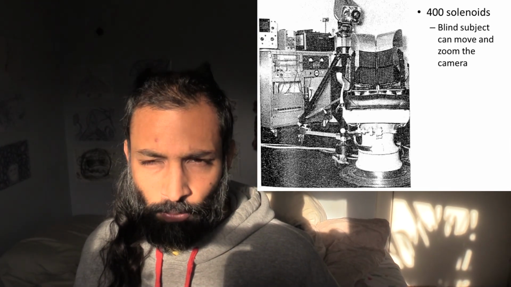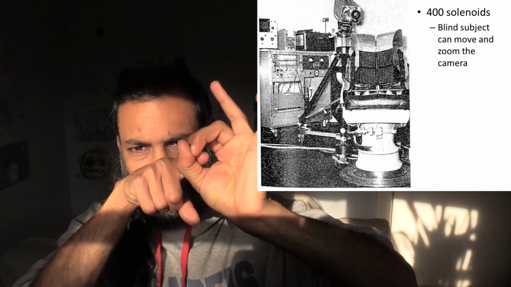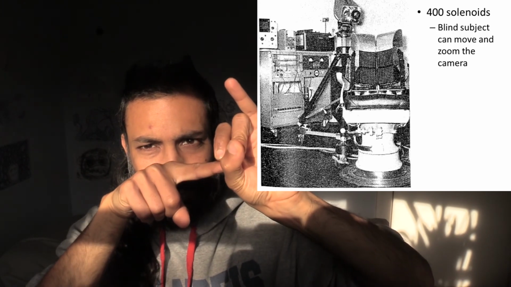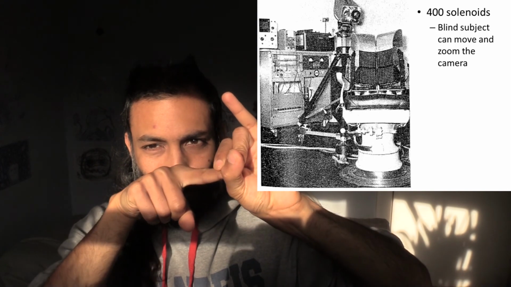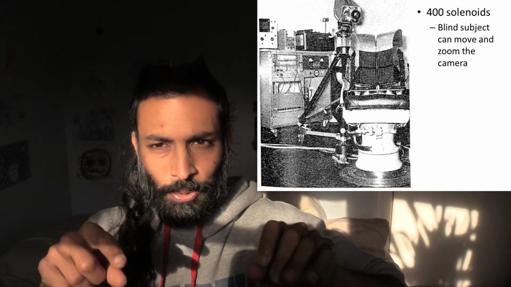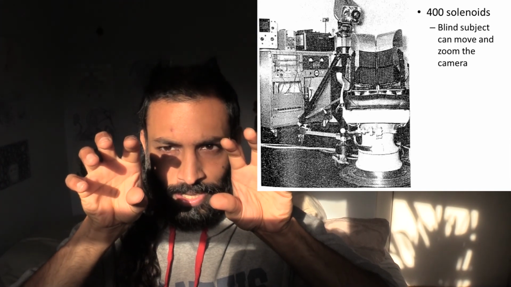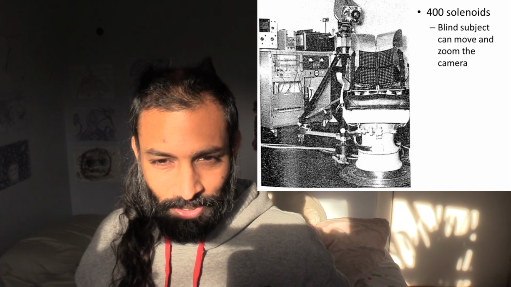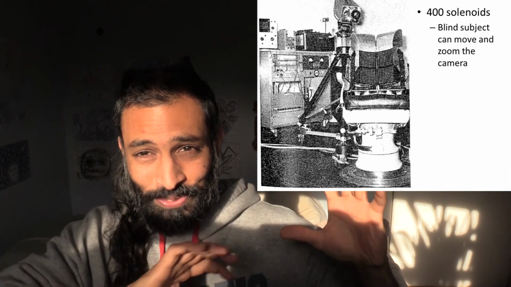And that is a grid of 400 solenoids. Solenoids are like a coil of wire. You get this metal rod, and then you pass a current through it, and the metal rod just pokes out. So what they have the ability to do is activate these 400 rods, and any one of them can come out and poke your back as you're sitting on it, okay? And then they connected a movie camera to these 400 solenoids.